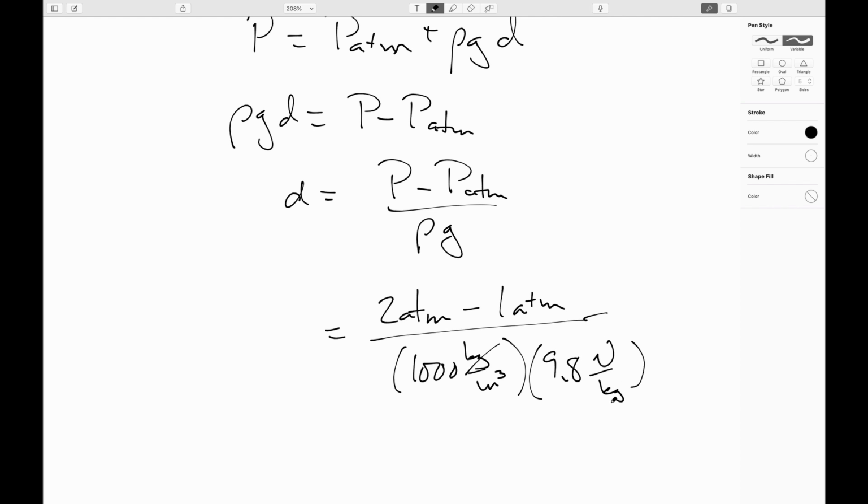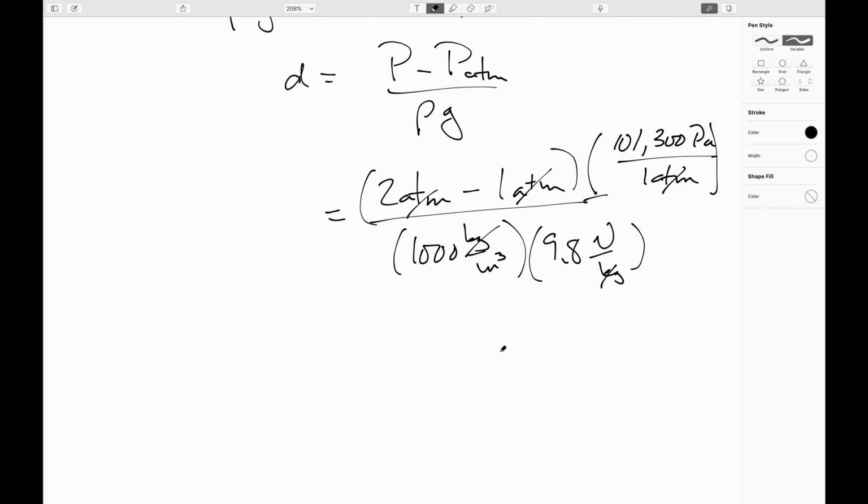So you have newtons per cubic meter there, and you've got atmospheres here. How are you going to get meters out of that? Well, you have to convert those atmospheres into pascals. It's 101,300 pascals per 1 atm. So with that in place, we can cancel our atms and crunch it through.